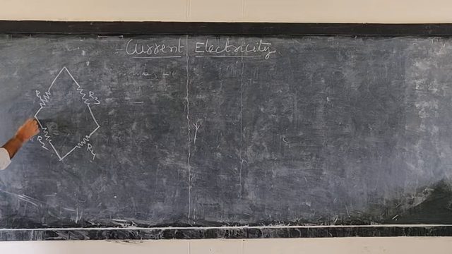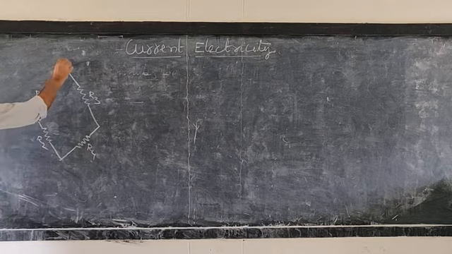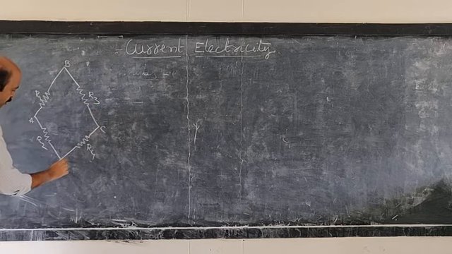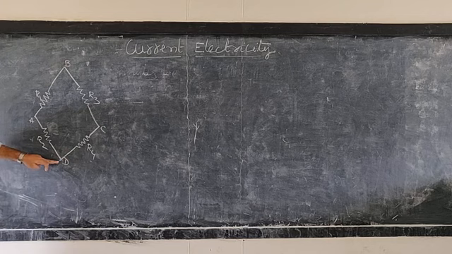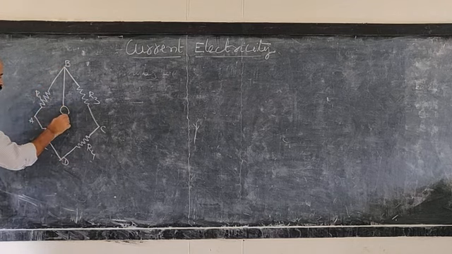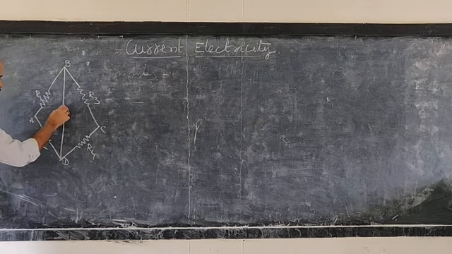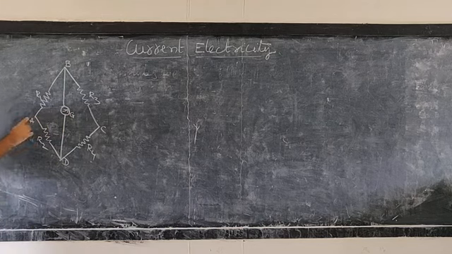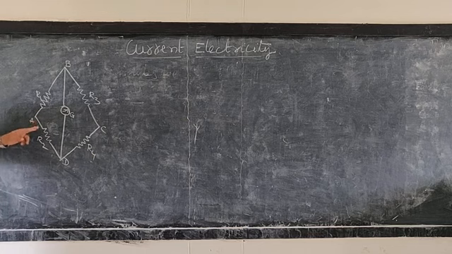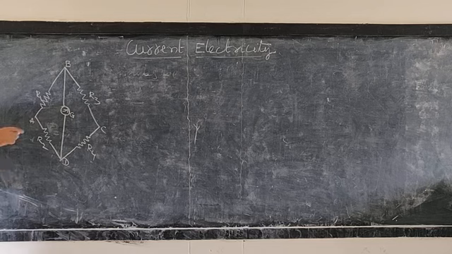Now it has 4 junctions, A, B, C, D. Now a pair of opposite junctions are connected by means of a galvanometer. So this is a galvanometer whose resistance is say capital G. Now to the other opposite junctions, a cell or a battery is connected to pass current through a key.